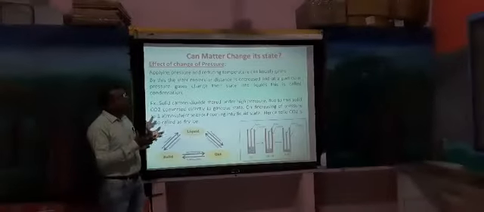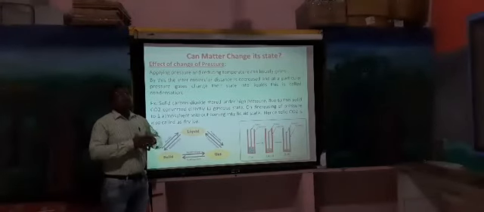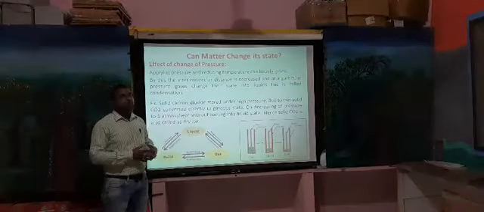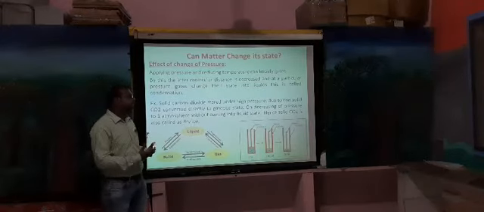This is called condensation. For example, solid carbon dioxide is stored under high pressure. Due to this, the solid carbon dioxide is converted directly into the gaseous state. When you change the pressure of solid carbon dioxide, the intermolecular forces become free, so that they change into gas.